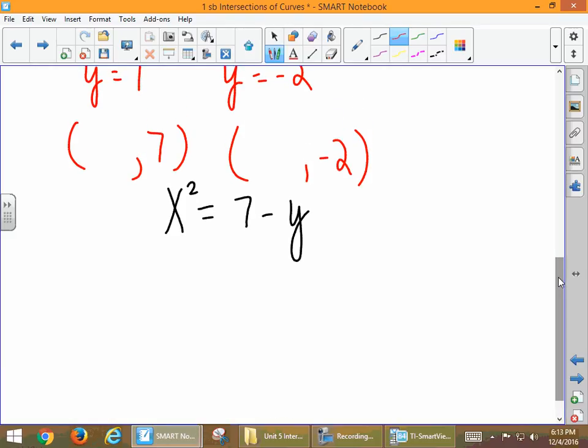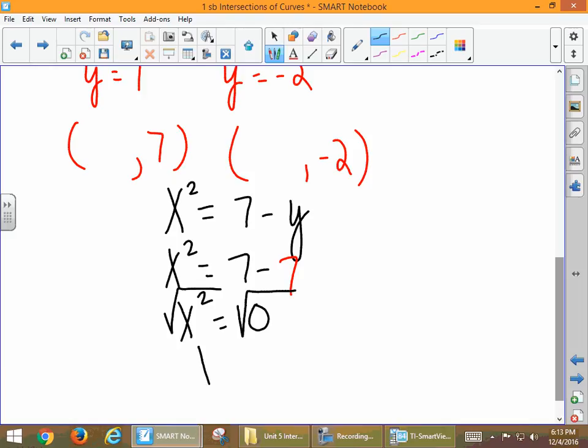So when we put 7 back in here for y, we get x squared equals 7 minus 7. Well, x squared equals 0. And when we take the square root, we still get 0.